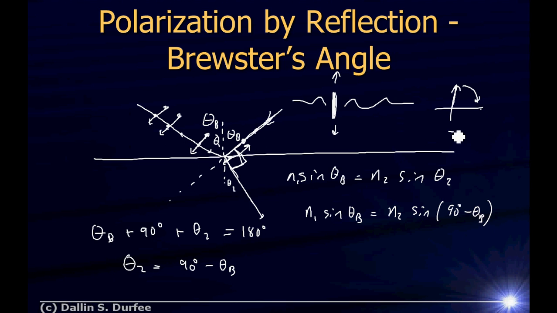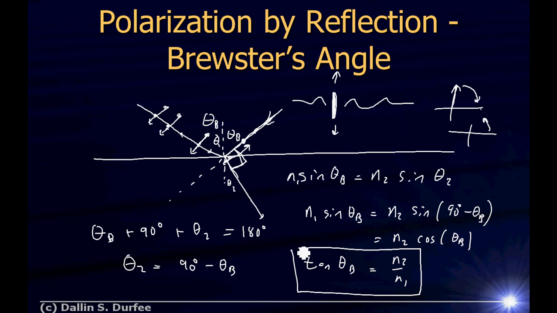And that's kind of like a cosine of something coming up, right? So I'm going to rewrite this. This is N2 cosine theta Brewster. And then if I take sine divided by cosine, I get tangent. So tangent of theta Brewster is equal to N2 over N1. All right? So there's the equation that tells us the angle.